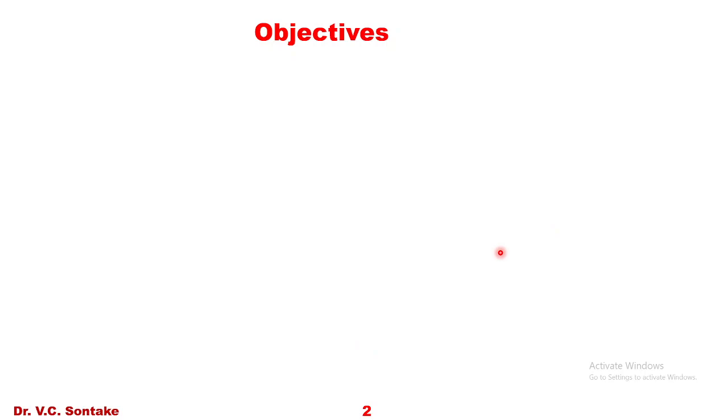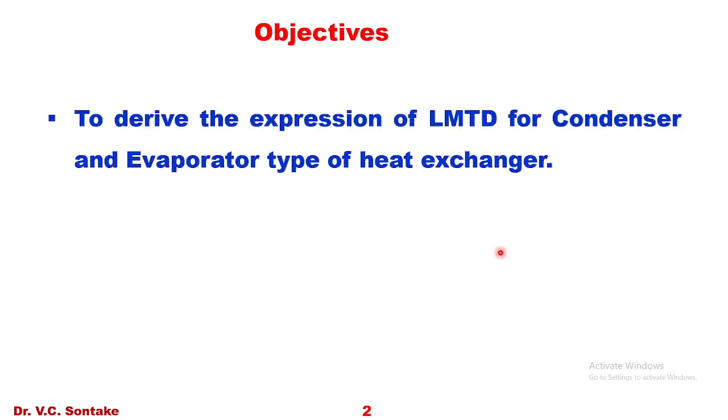Objective of this video lecture is to derive the expression of LMTD for condenser and evaporator type of heat exchangers. Condenser and evaporator are one of the type of heat exchangers where one of the fluid, that is from hot and cold fluid, undergoes phase change process.